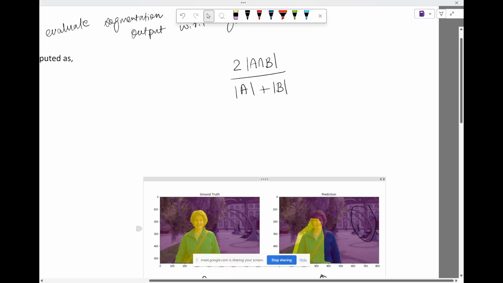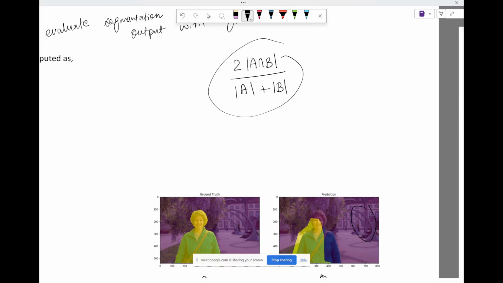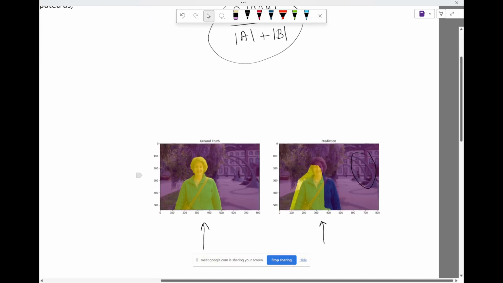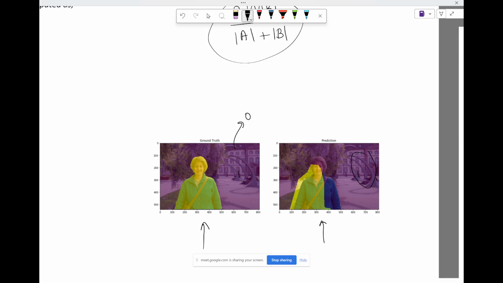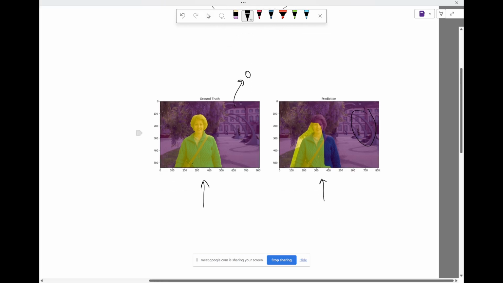So how is this formula capturing the evaluation of the segmentation? Let's say A is the set of pixels. Each pixel is predicted as 0, and each pixel which belongs to the person will have 1.